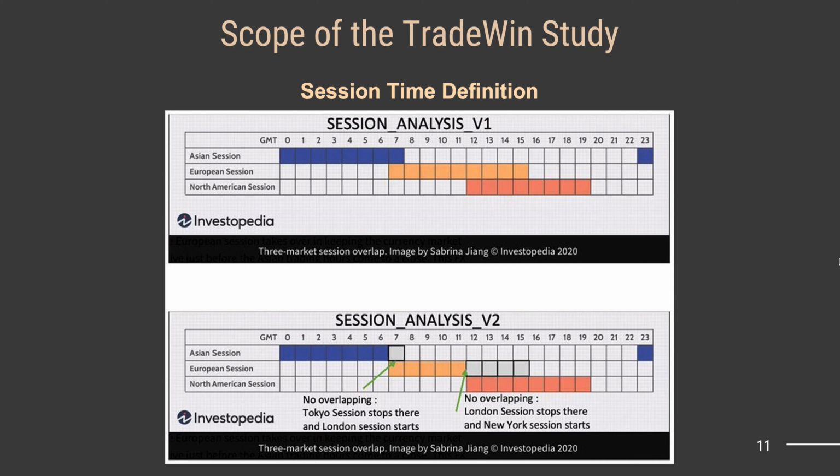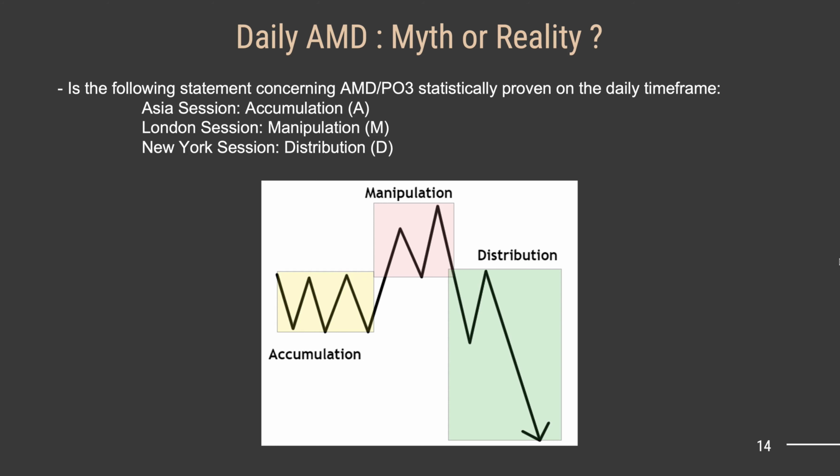Is this a myth or a reality? Quick recall on what it is. The idea behind this concept is that every time price action moves sharply in one direction, before doing that, it goes in the opposite direction. That's called the manipulation of the cycle. And before this manipulation, we have accumulation.